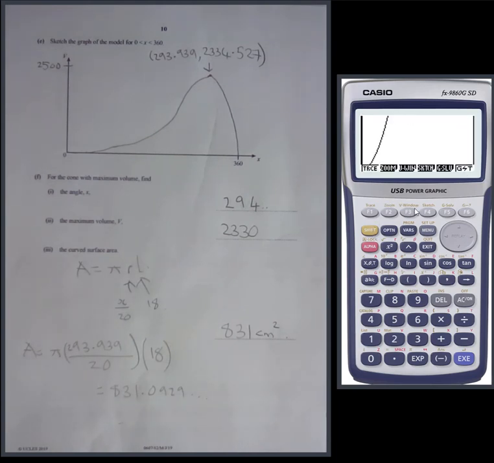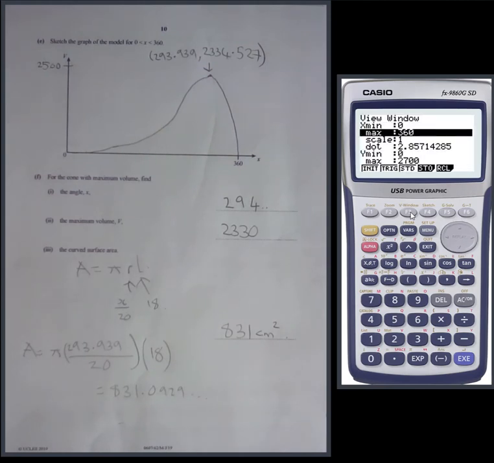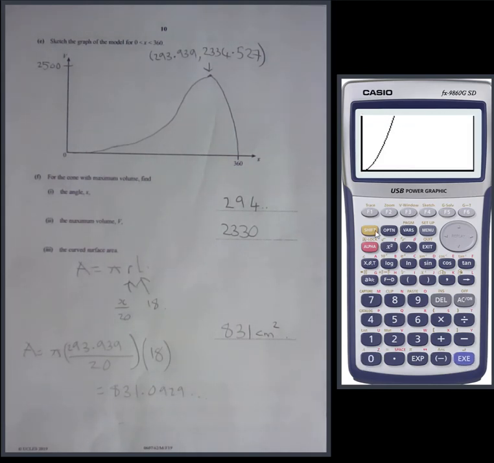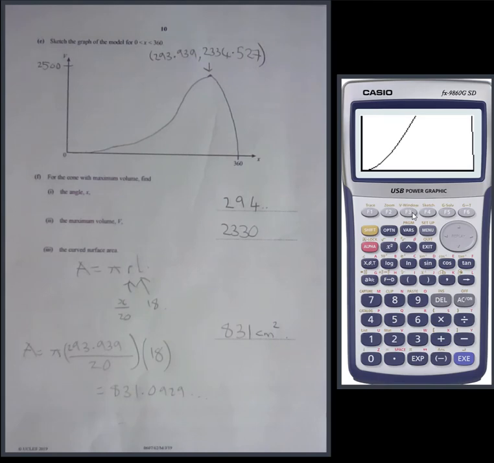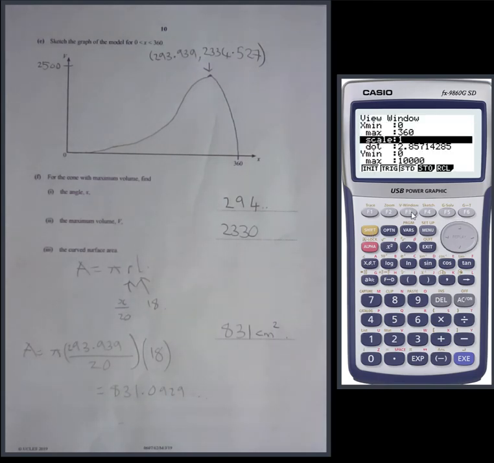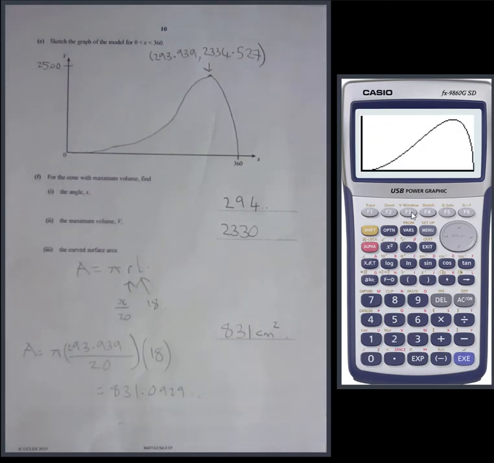It does make sense that we can get a bigger volume out, because we've got more material to build with. So let's keep going up. Maybe 4,000. Still off the screen. Let's go to 10,000. Still off the screen. Let's go to 20,000. And finally, we get a curve that looks like it makes sense, and thankfully it does look the same.